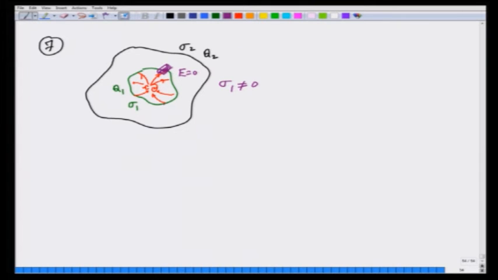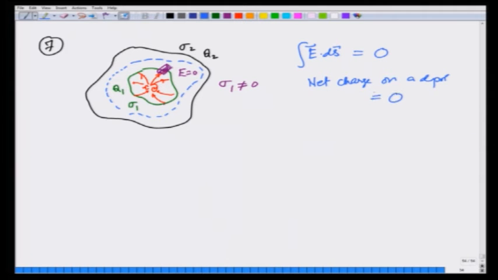However, if I look at a Gaussian surface inside the metallic region, the flux of this Gaussian surface is 0, because there is no field, number 1. Number 2, the net charge on a dipole is also 0.